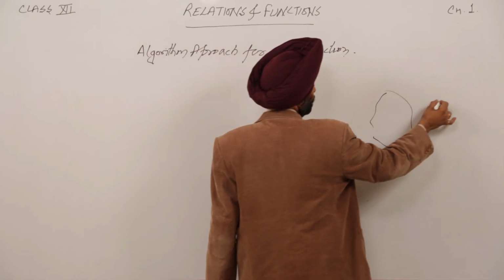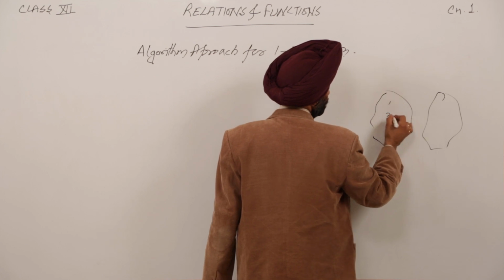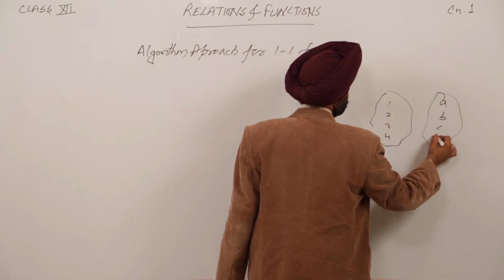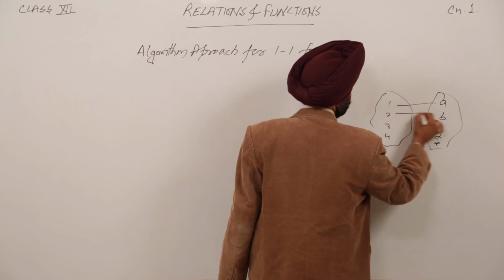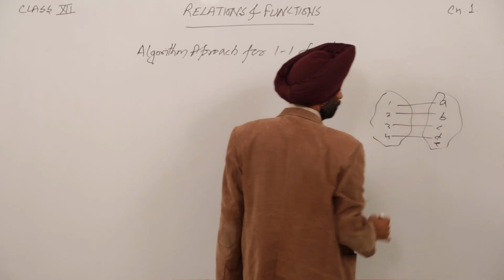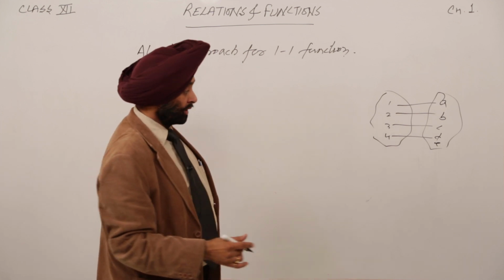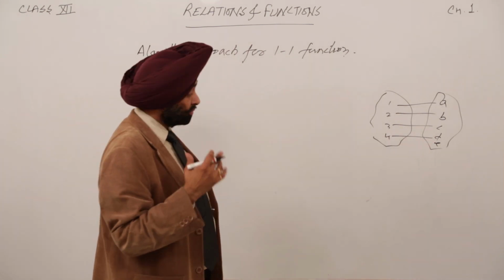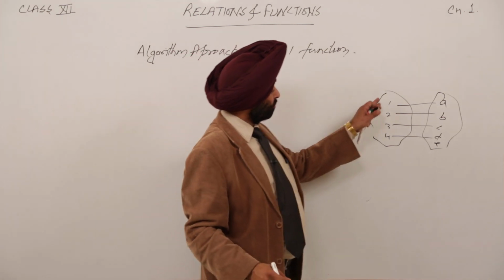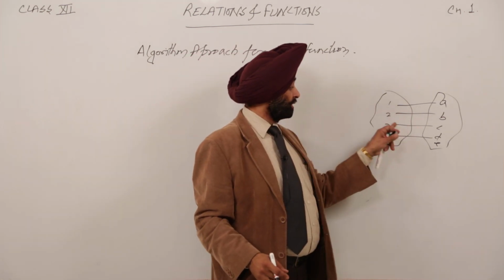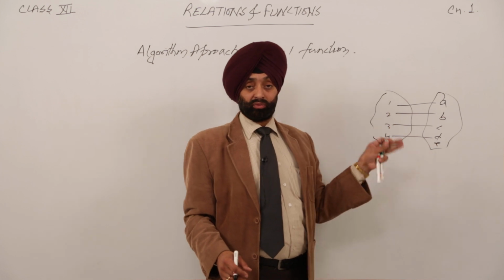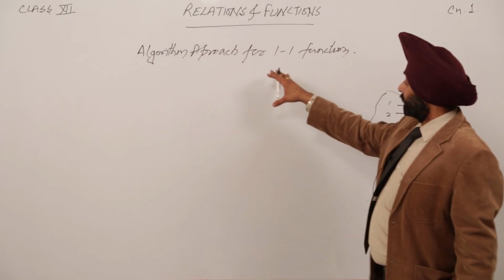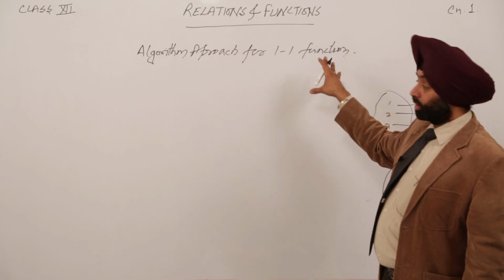Yesterday we were knowing that for a one-one function, if we are having these elements, then it can be like this. This is also one-one. If E is not here, then also it is one-one. And when we are having 1 with A, 2 with B, 3 with C and 4 with D, E is not there, that was a one-one onto function. Now we are moving with an algorithm approach for a one-one function.